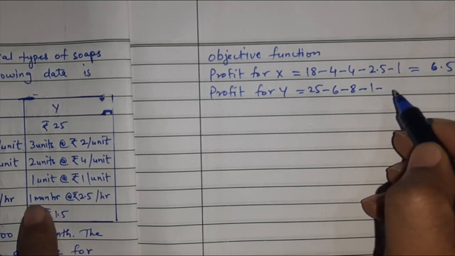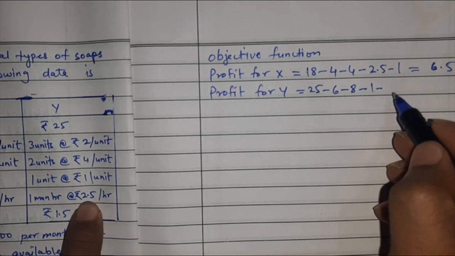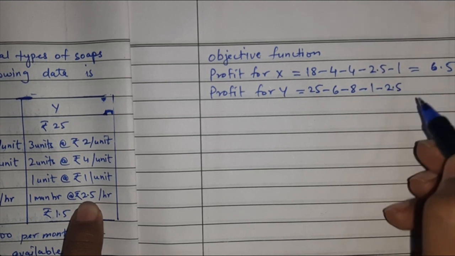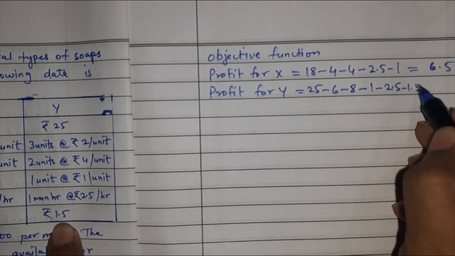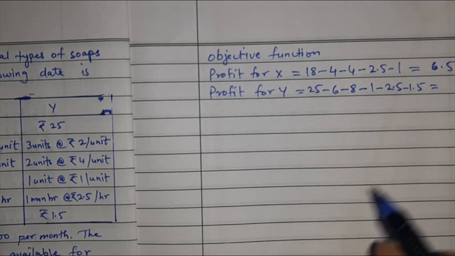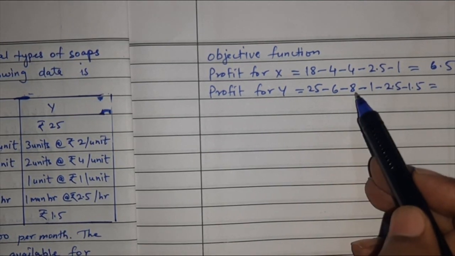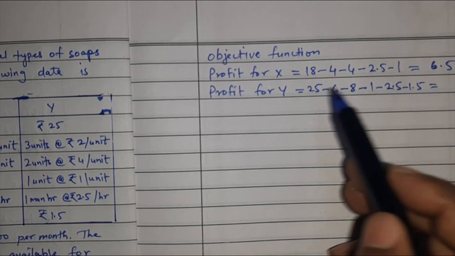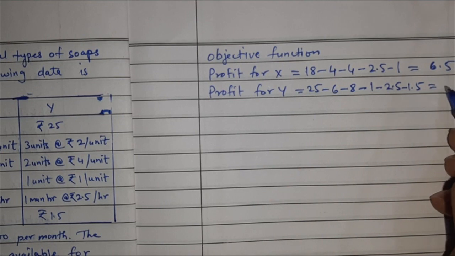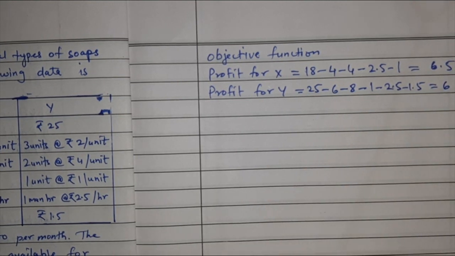So 1. Then the direct labor cost is 2.5 and variable overheads rupees 1.5. Okay. Now 6 plus 8 gives you 14, 15, 15 plus 4, 19, 25 minus 19 will give me 6.